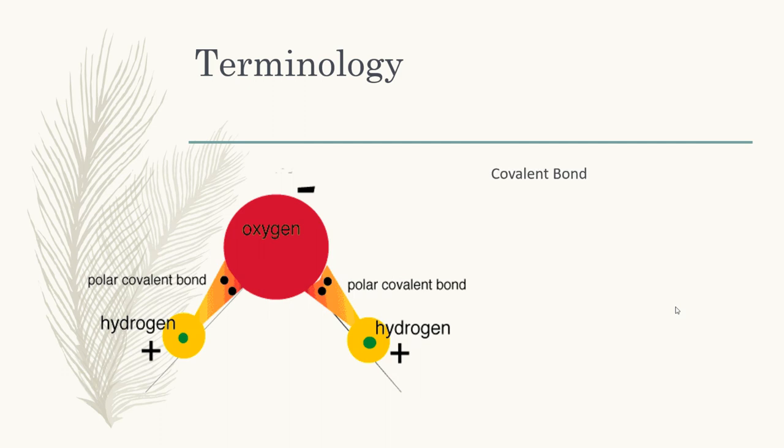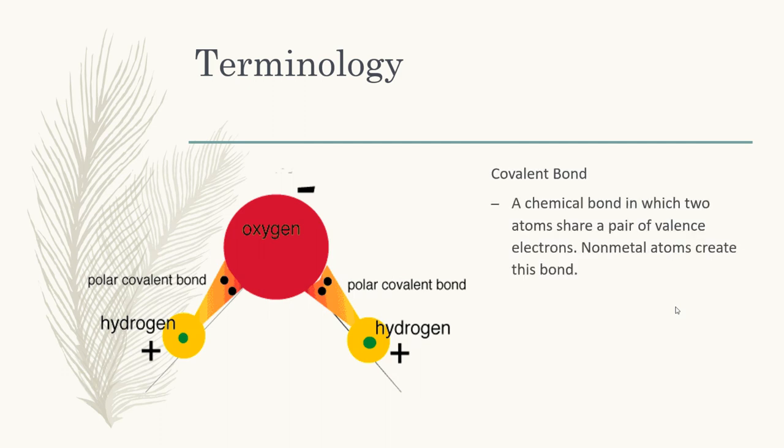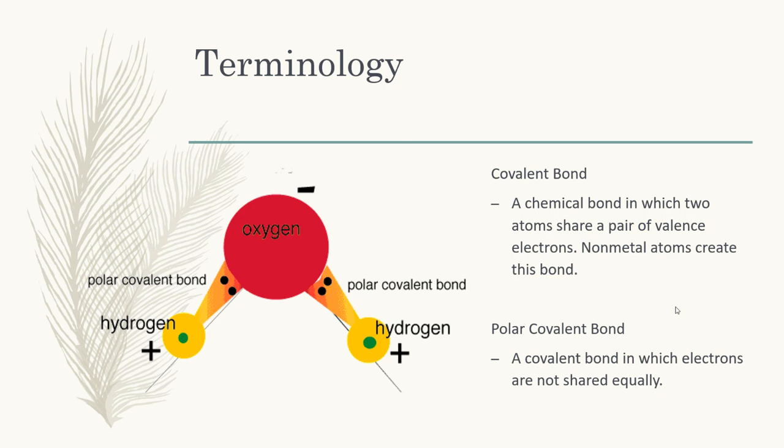So next we have covalent bond. A covalent bond is a chemical bond in which 2 atoms share a pair of valence electrons. Nonmetal atoms create this bond. And then a polar covalent bond is a covalent bond in which electrons are not shared equally. So a polar covalent bond is just a special type of covalent bond.